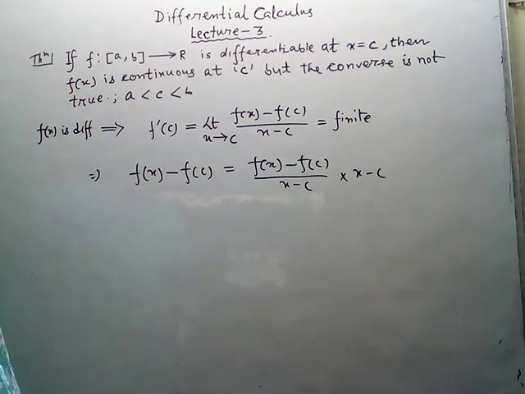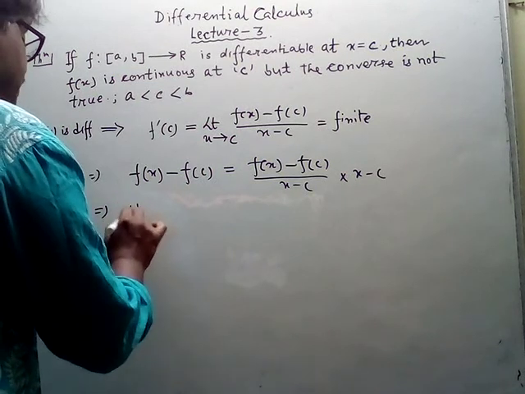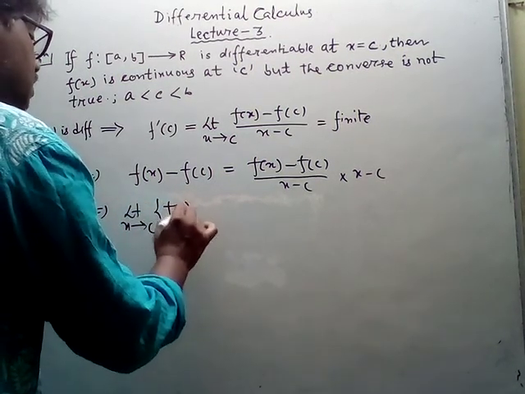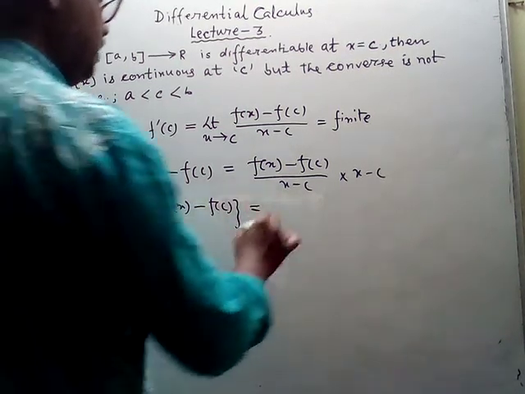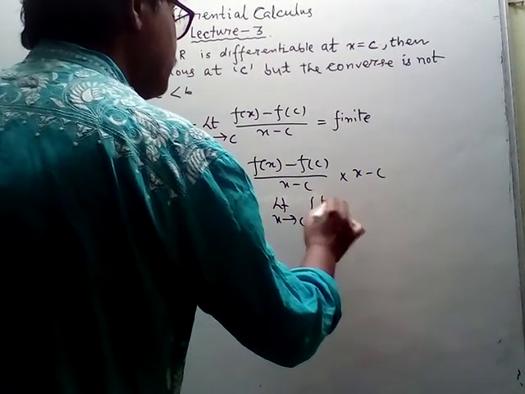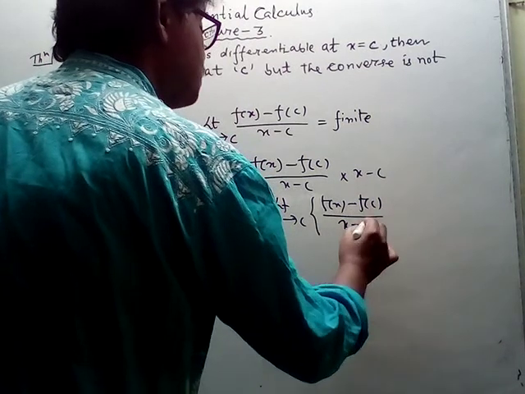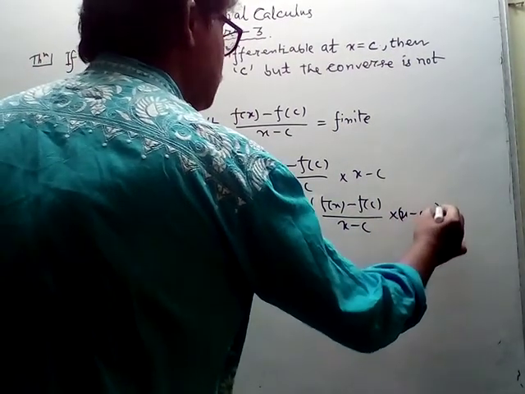Taking limit on both sides, the limit as x tends to c of f(x) minus f(c) equals the limit of (f(x) minus f(c)) divided by (x minus c), into (x minus c).